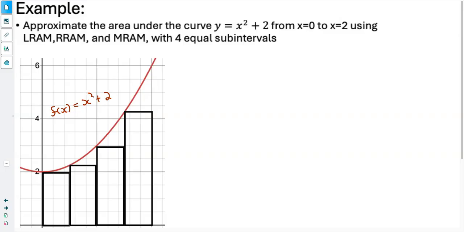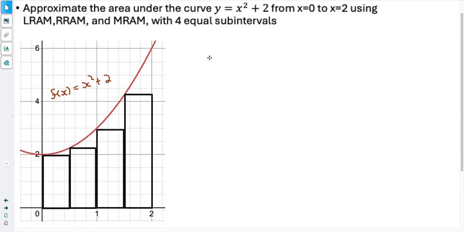Now, in this case, we already have our subintervals drawn out on here. So we can see that we're going from 0 to 2 with 4 equal intervals, so each interval is 0.5. So this would be 0.5 here, then 1, then 1.5 here.